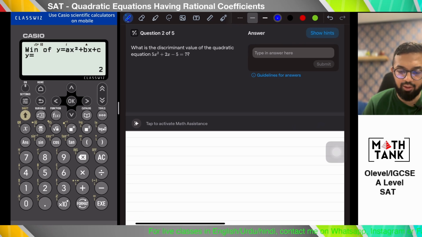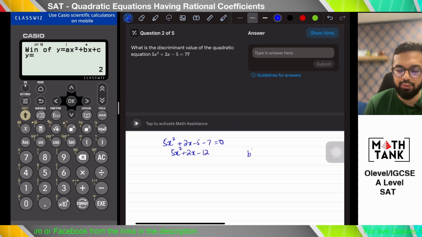What is the discriminant value of the quadratic equation? This. So 5x squared plus 2x minus 5 minus 7. Now remember that the discriminant is the value of b squared minus 4ac.